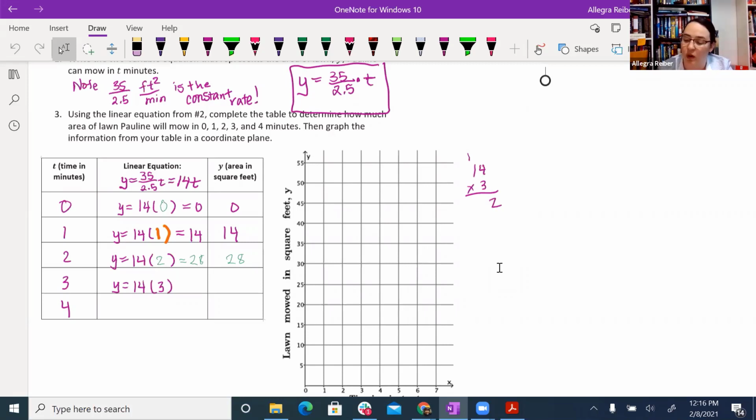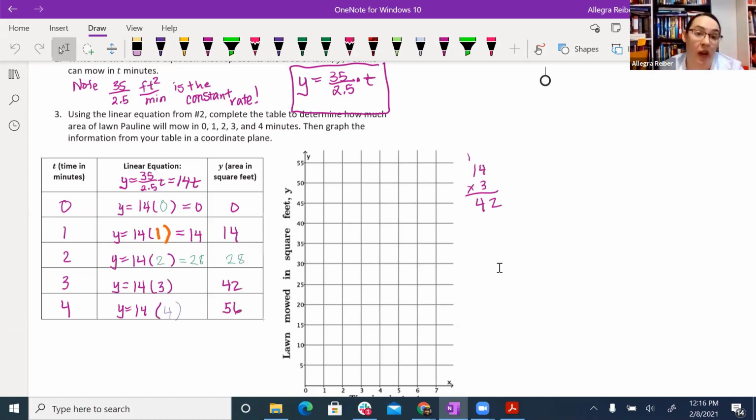Add 1, we get 4. So we're looking at 42 square feet of area mowed over the first 3 minutes when she mows at this constant rate. Last, when t is 4, we have y equals 14 times 4. And that is 56 square feet.